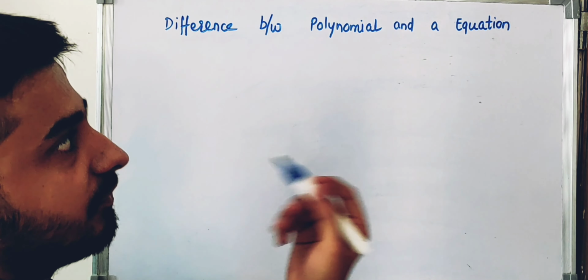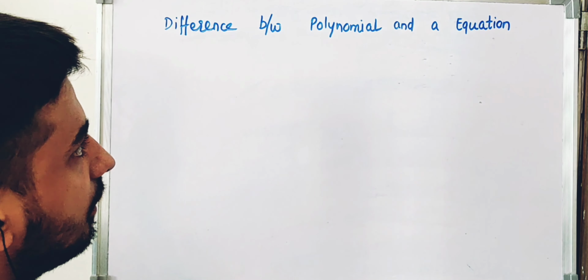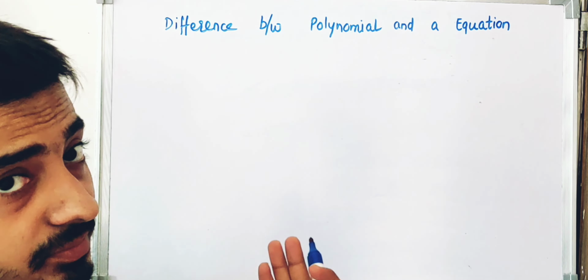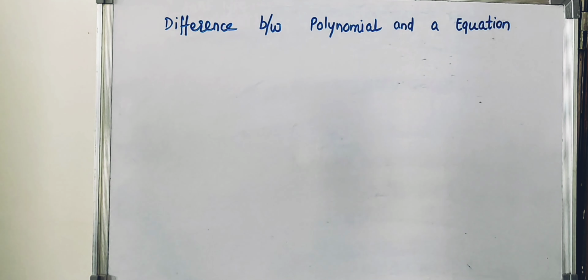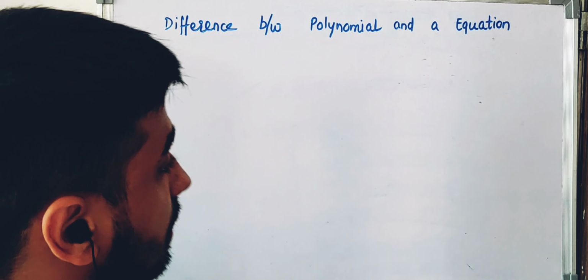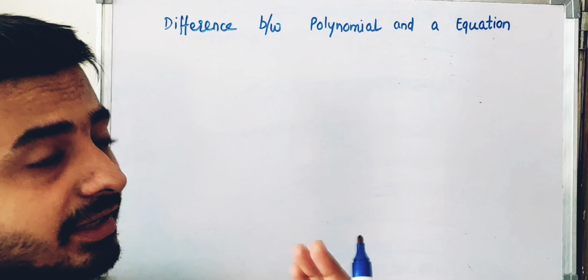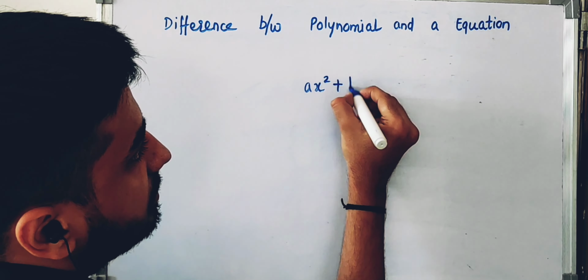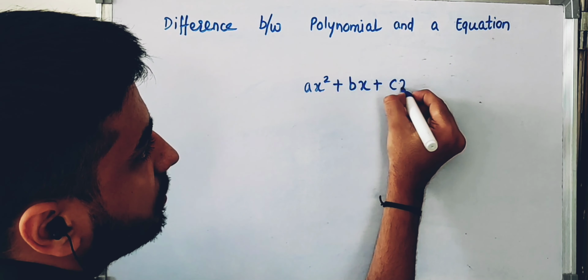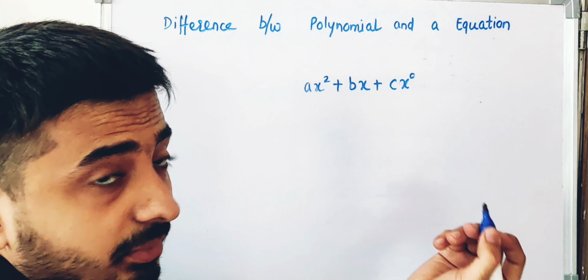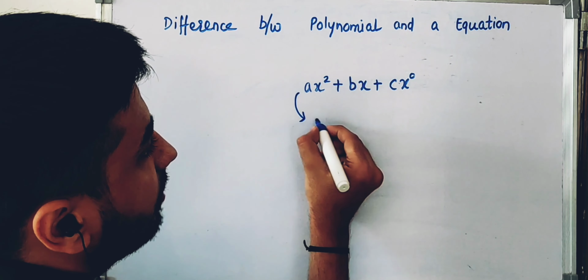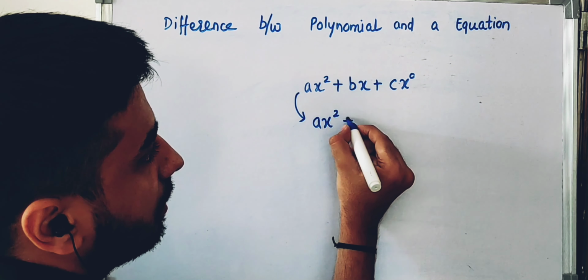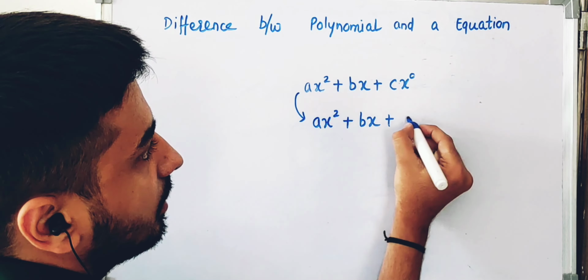Now, what is the difference between a polynomial and an equation? The question comes. Can you tell us? See, let us see by an example. We have discussed this example: ax square plus bx plus c x to the power 0, where x to the power 0 is nothing but 1. So this will become ax square plus bx plus c.